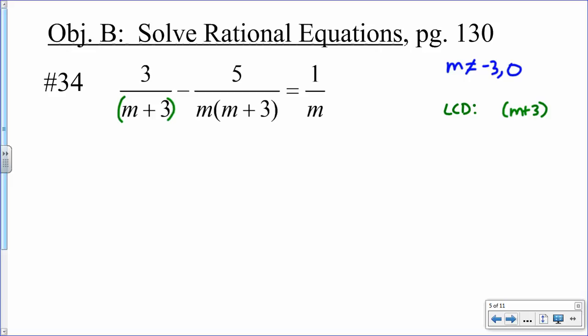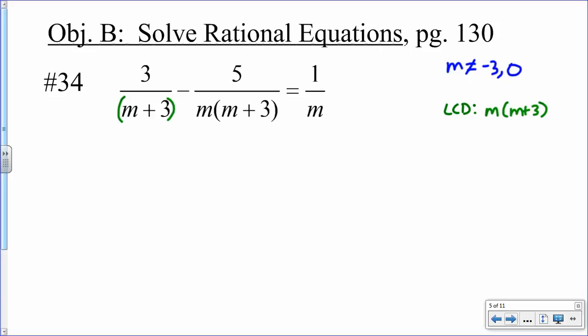But then I also need an extra m. So I'm solving here, I'm not simplifying. So what I do to one side, I can do to the other, and the equation stays balanced. I'm multiplying everything by the whole LCD because I want to cancel. So I'm not multiplying just by what's missing.